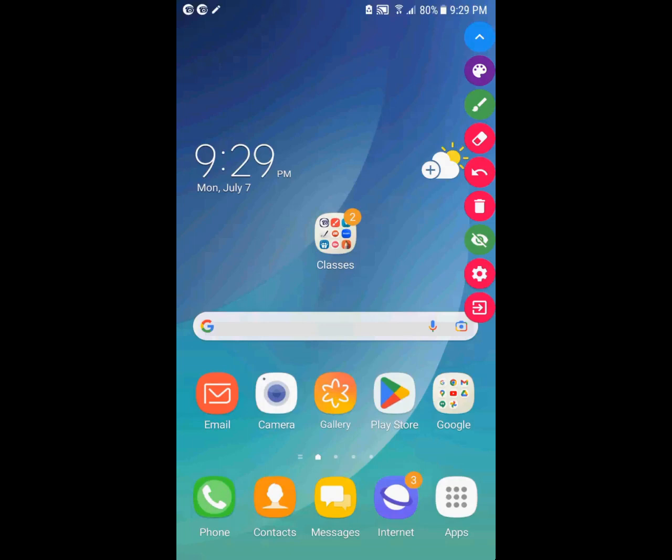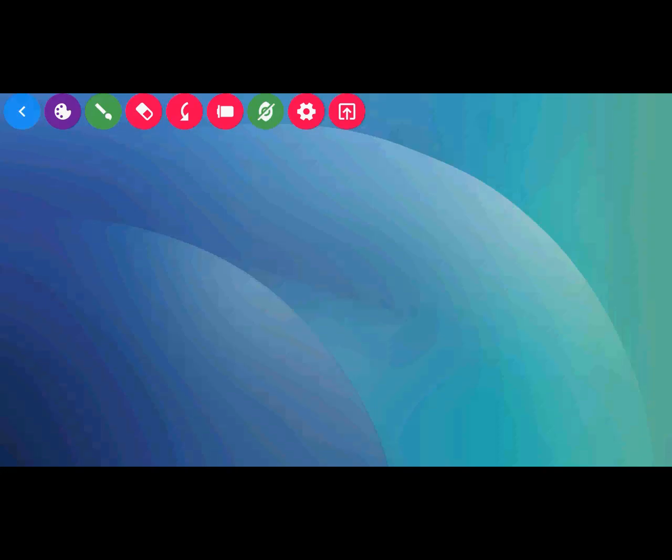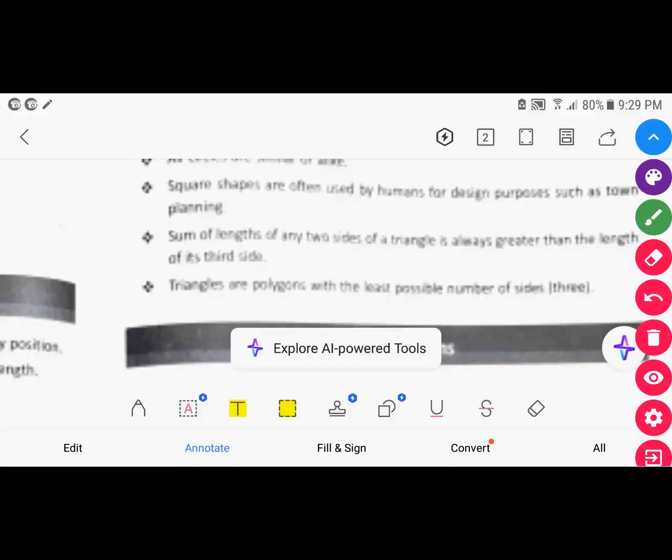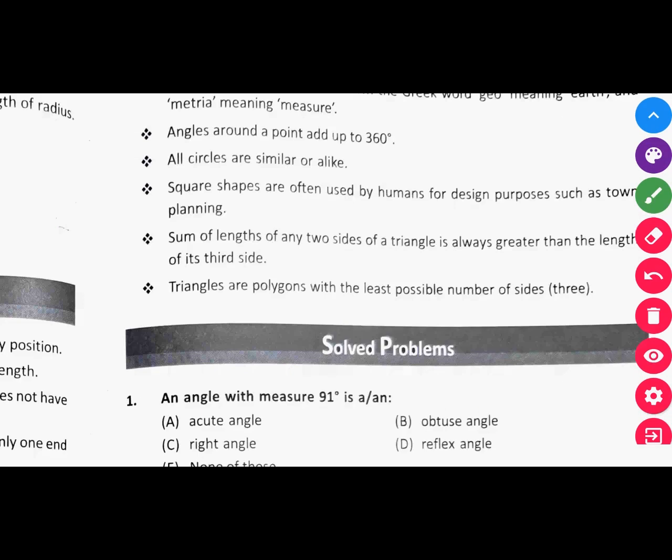An angle with measurement 91 degrees is an acute, obtuse, right angle, reflex angle, or none of these?